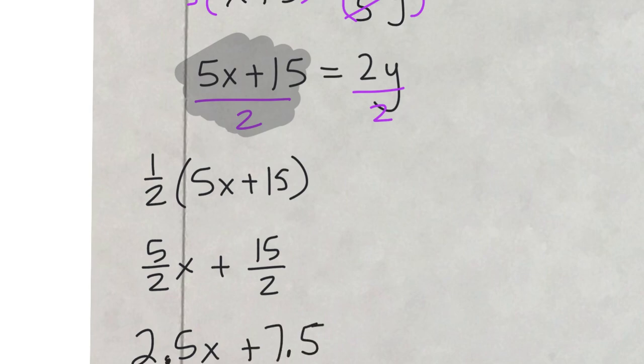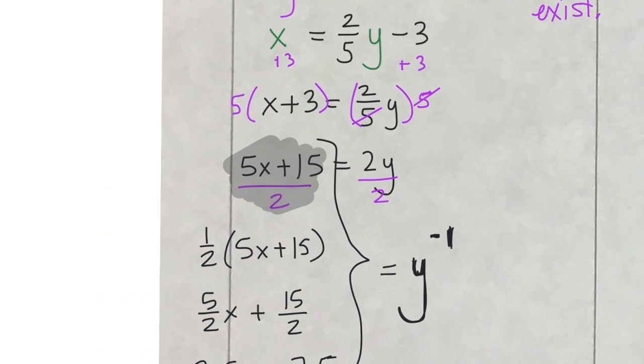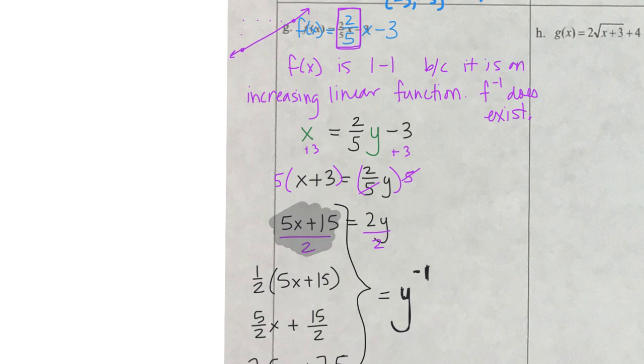All of these are correct, including all of these all the way up to the top. Any one of those ways that you want to write it, they all equal y inverse, because this is the inverse of your given linear equation. These two are inverses of each other. So there are lots of ways that we can write a linear equation, especially when it has a fractional slope.